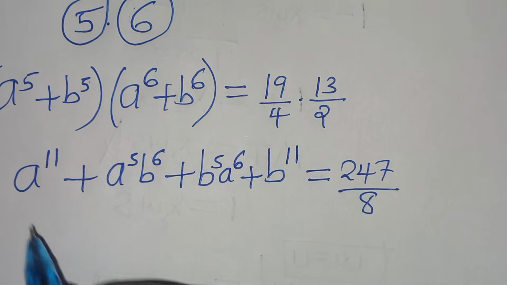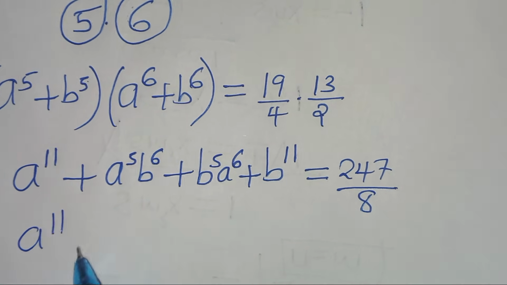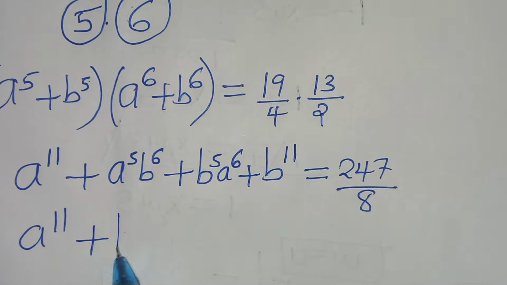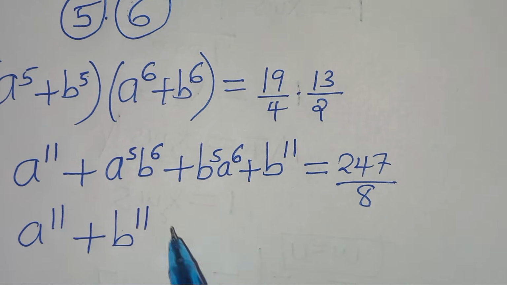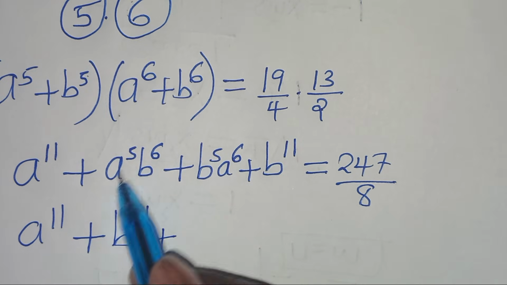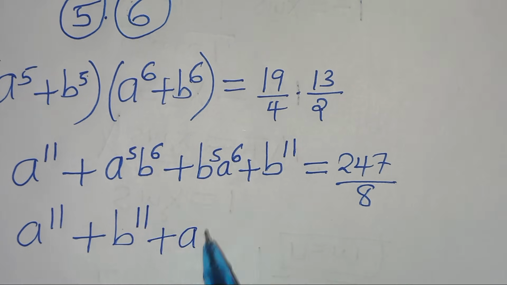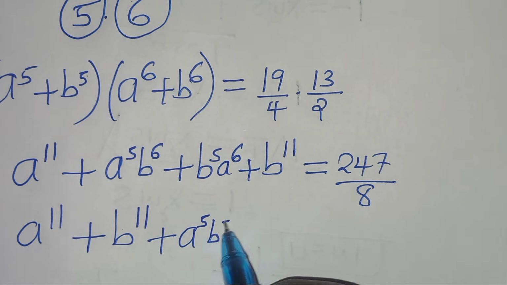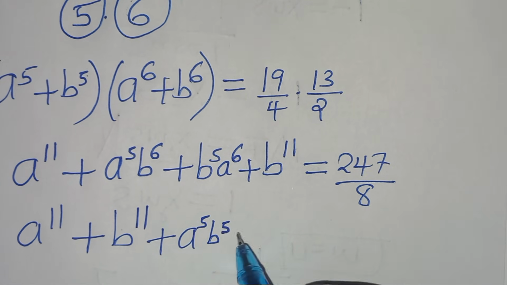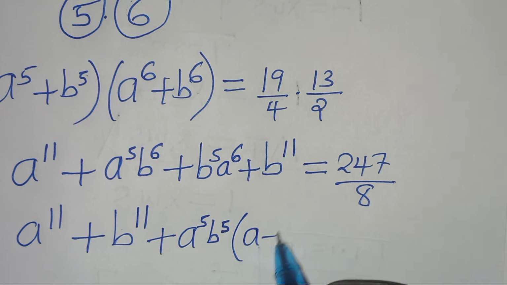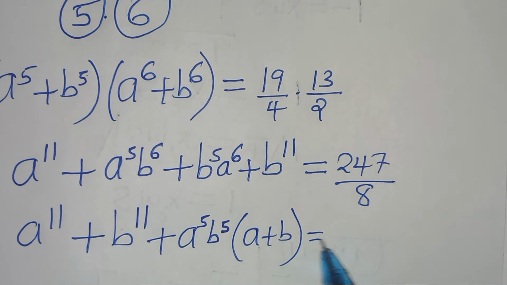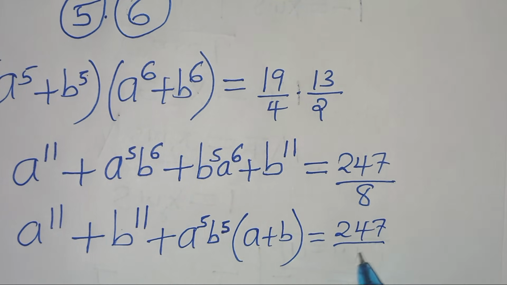So that now we have a to the power of 11 plus b to the power of 11, then plus, here we can factor out a to the power of 5, b to the power of 5, and into the parentheses, we have a plus b. This is equal to 247 divided by 8.